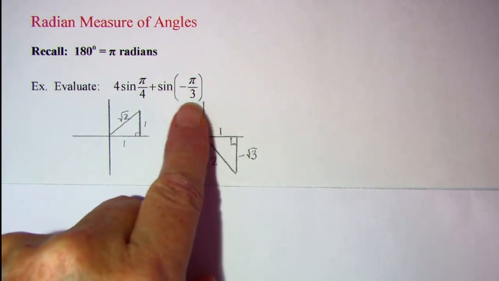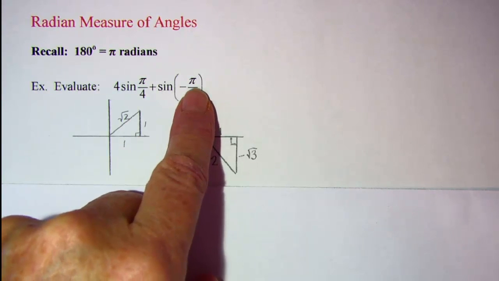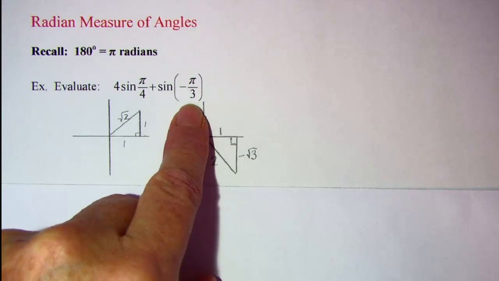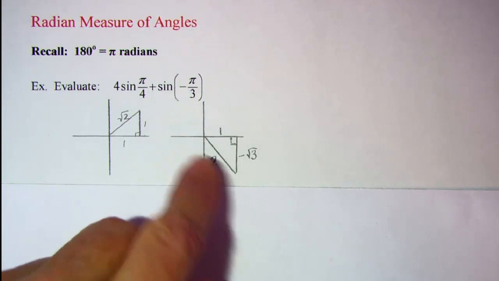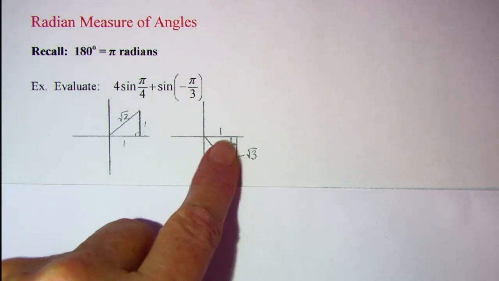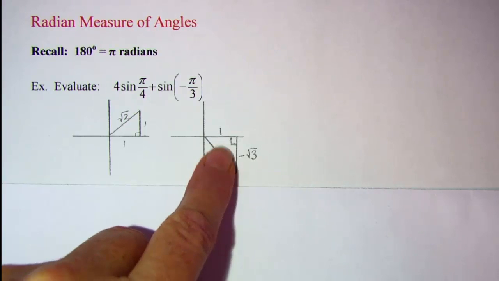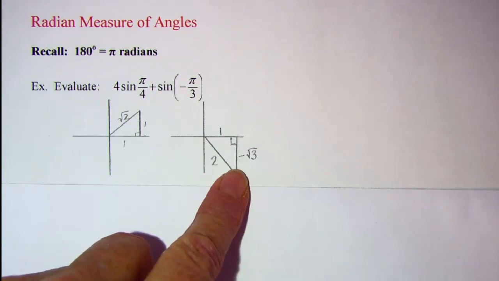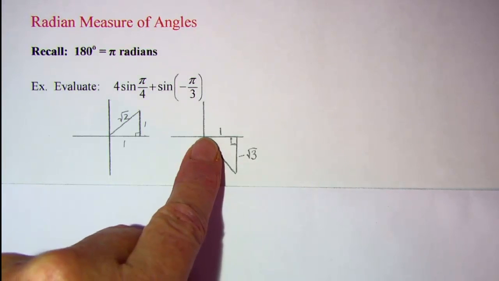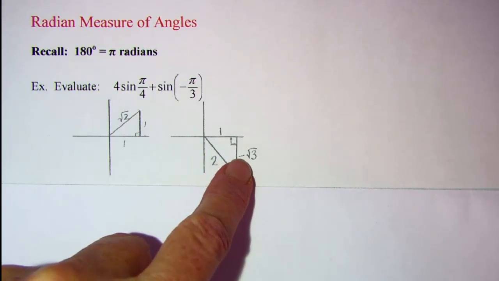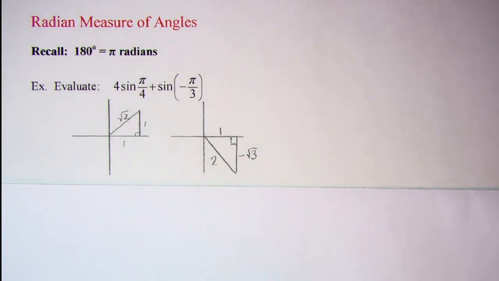Now for this term, pi is 180 degrees, divide by 3, that means we're talking about a negative 60 degree angle. So if we draw our reference angle, negative 60 degrees, that'll put us down in quadrant 4. If the reference angle is 60, then the side opposite that angle is root 3.